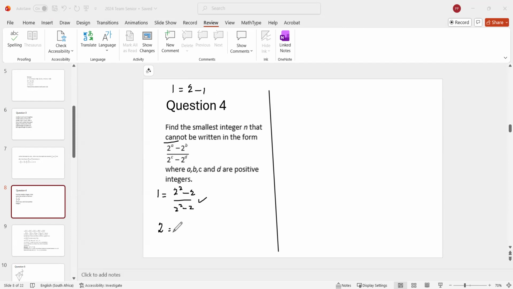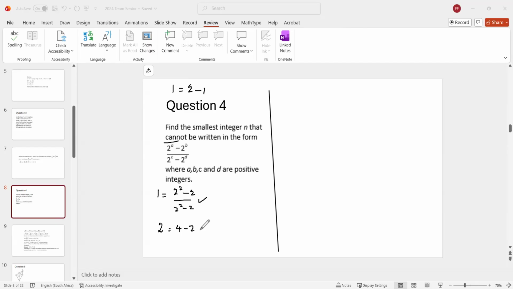2, for instance, is equal to 3 minus 1. No, you don't want 3 minus 1. You want 4 minus 2. 4 minus 2 is 2. Now, how do you get to this?